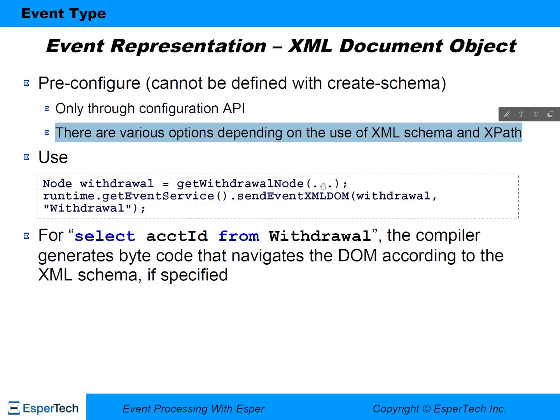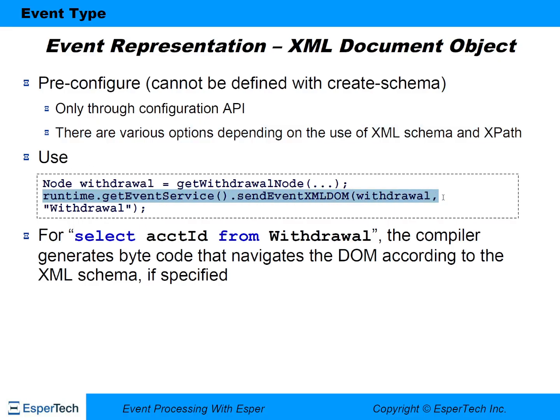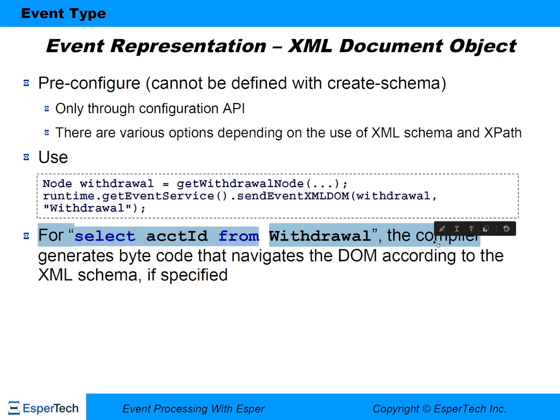The following code processes an XML document object model event: runtime.getEventService().sendEventXMLDOM(withdrawal, "withdrawal"). For select accountId from withdrawal, the compiler generates bytecode that navigates the DOM according to the XML schema, if specified.